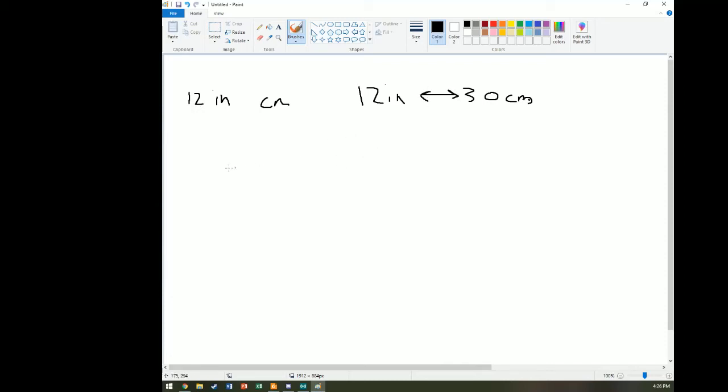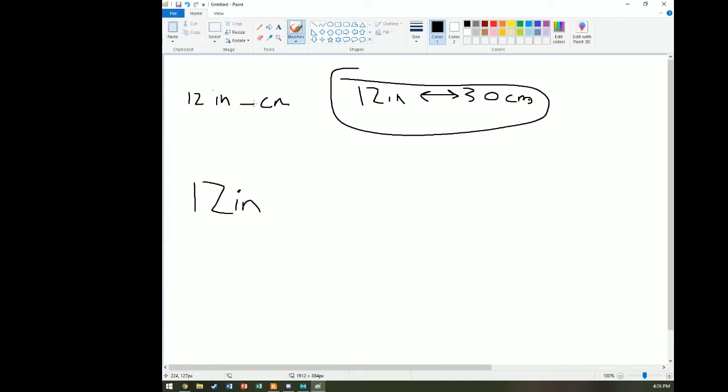So I'm going to start with what I have, so 12 inches. And then I'm going to write out my fraction like this. You can use square brackets, you can use curly brackets, it doesn't really matter. But the important thing here is how do we know where the inches go?